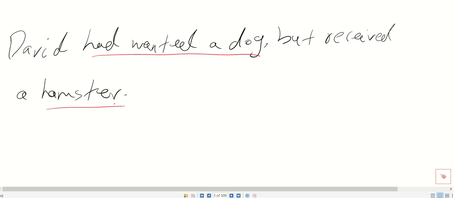So receiving a hamster happened at the end, very close to the present, but his wish, his goal, that he wanted a dog, was happening before that, before receiving a hamster. So we should use "David had wanted a dog but received a hamster."